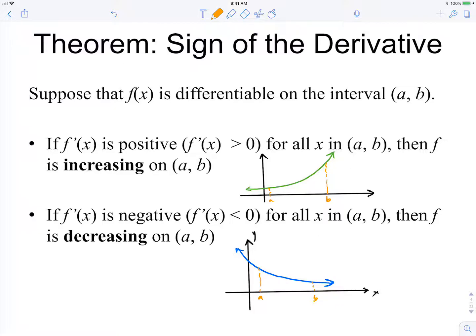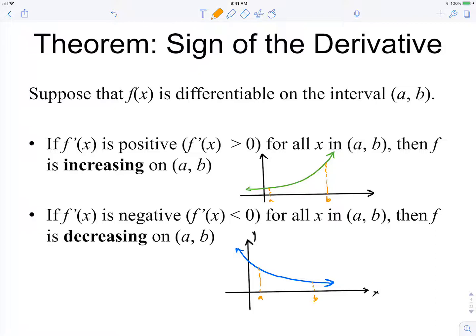So now we're going to be looking at using derivatives to help us determine where a function is increasing or decreasing. And remember, we've used a derivative to help us find the slope of a tangent line to a point on a curve. And we did this lots last semester and on your final exam. So basically, if on an open interval, the slope of the tangent line to every point on that interval is positive, then we can say that the function is going to be increasing on that open interval from a to b.